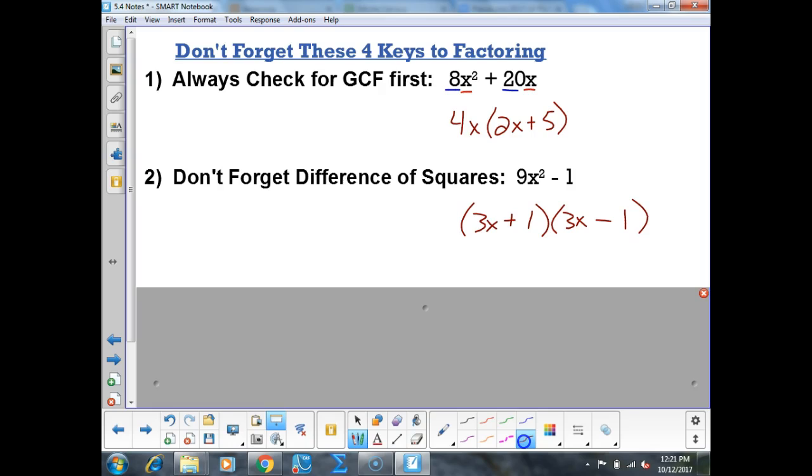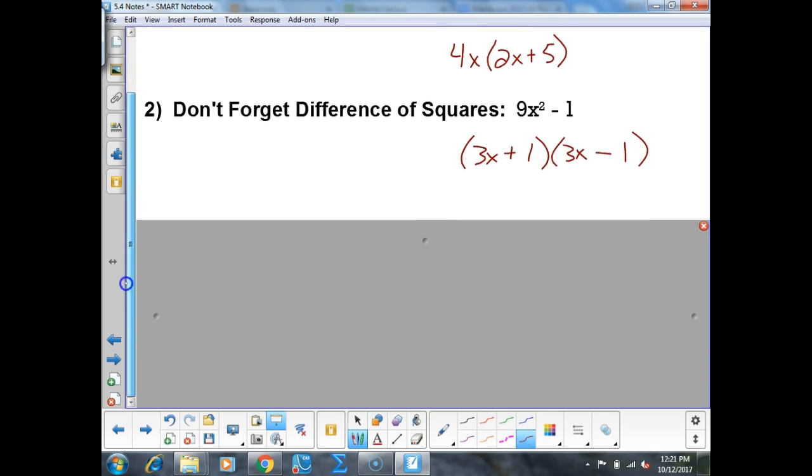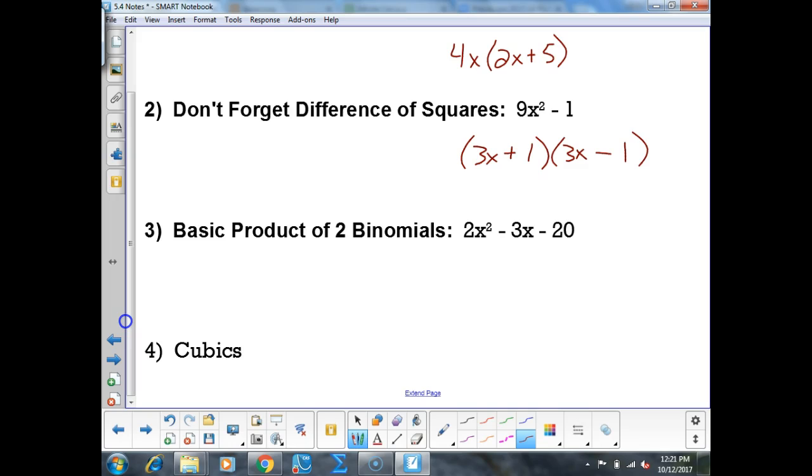So now that you are older, more experienced mathematicians, you are going to factor until you can't factor anymore. That's what it means to completely factor something. You're going to go until you can't go anymore.